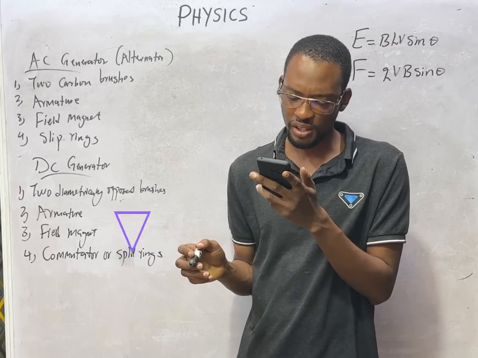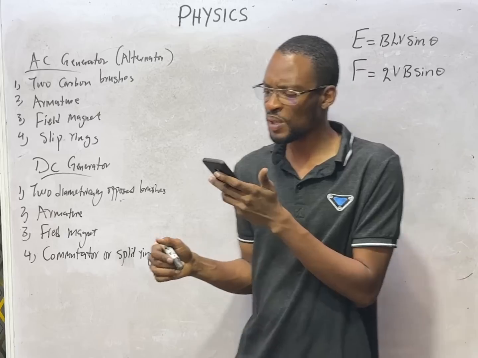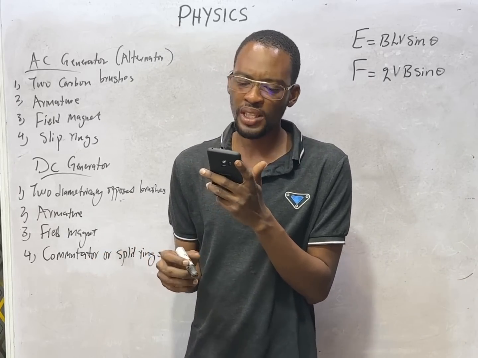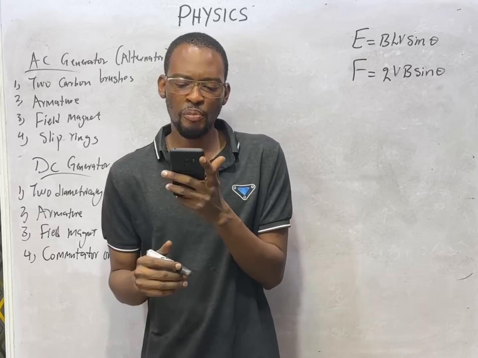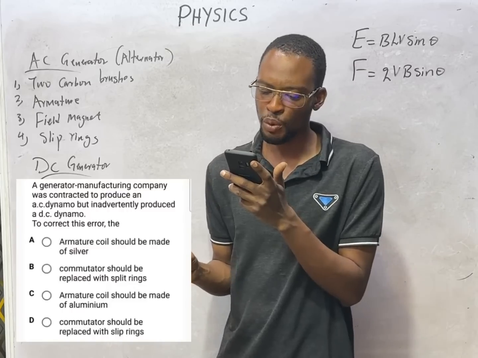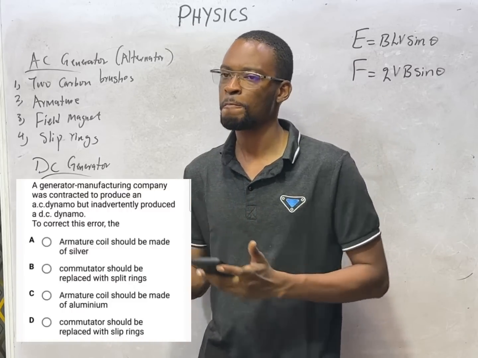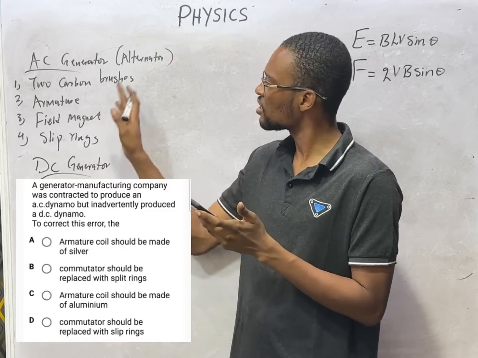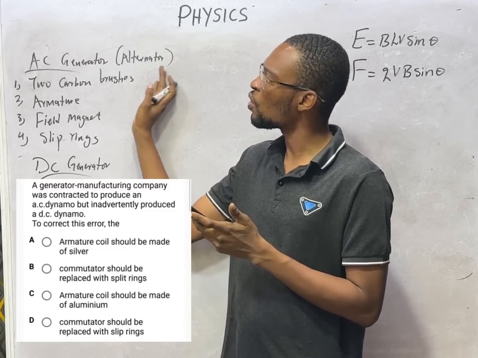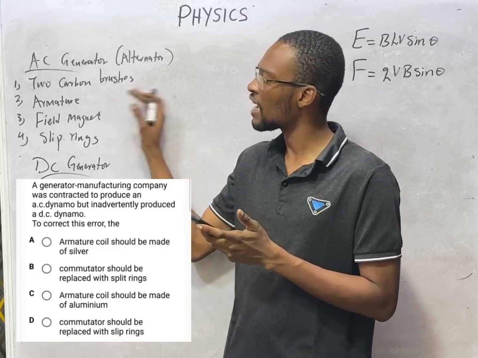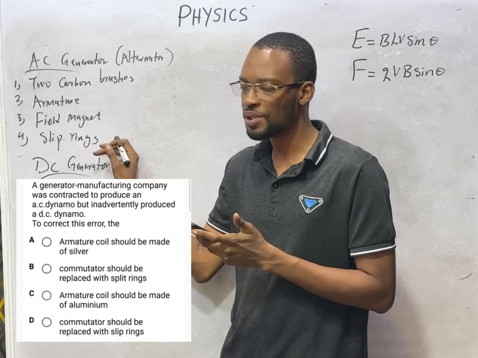And this question says, a generator manufacturing company was contracted to produce an AC dynamo, but inadvertently produced a DC dynamo. How do you correct this? For an AC dynamo or alternator, what you need are the carbon brushes, the armature, field magnet and slip rings.